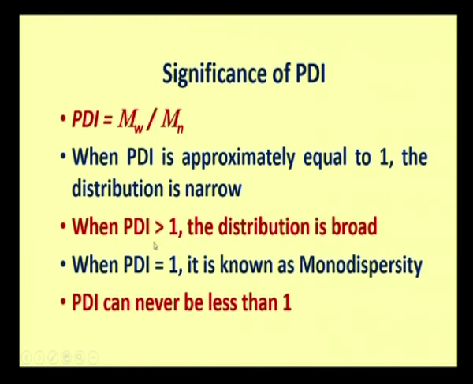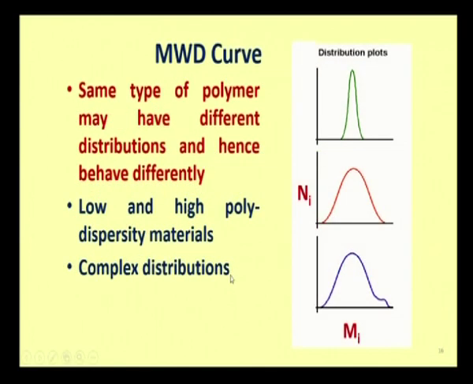But when the value is far away from 1 or greater than 1, you can say the polymer molecular weight distribution is highly broad. If it is 1, then the sample may be called a monodispersed sample, a condition you call monodispersity. PDI can never be less than 1, because according to the formula, the weight average molecular weight is always greater than the number average molecular weight.